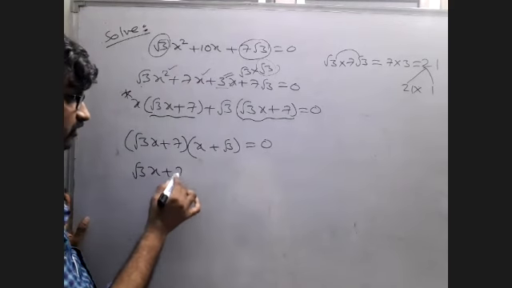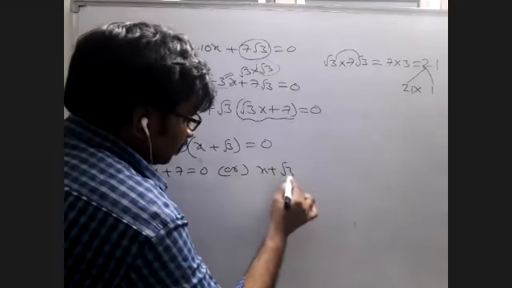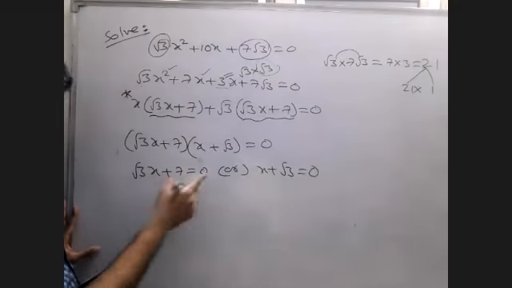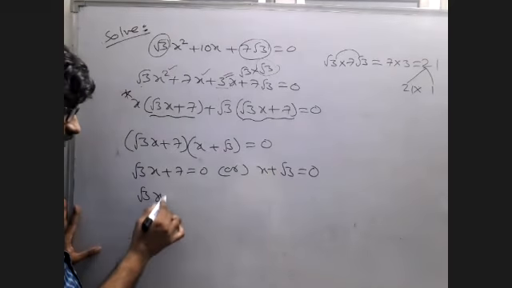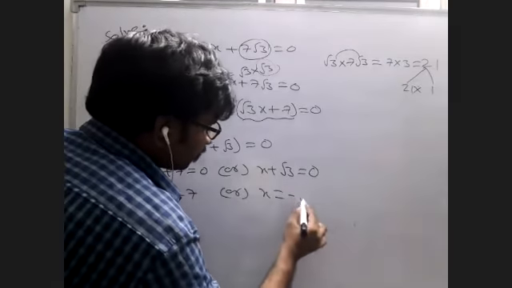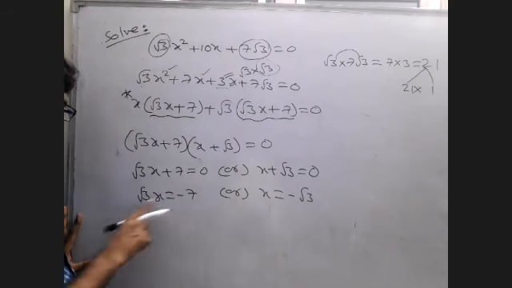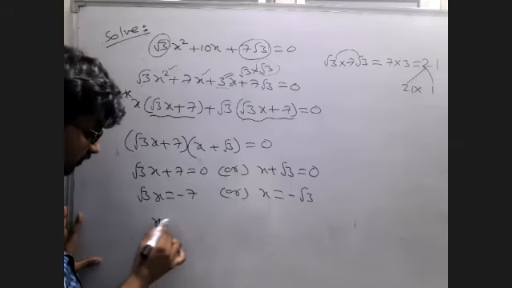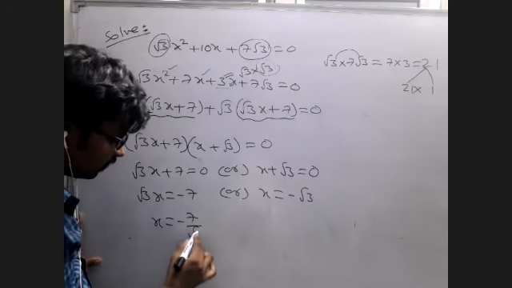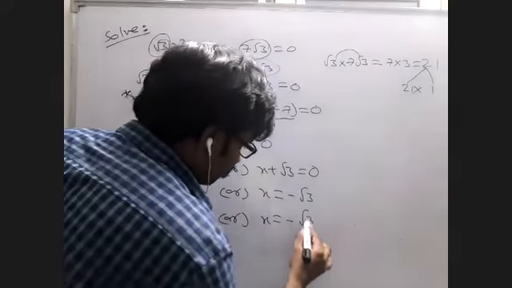Root 3x plus 7 is equal to 0 or x plus root 3 is equal to 0. Now taking 7 that side, root 3x is equal to minus 7 or x is equal to minus root 3. This is finished. And here we have to take root 3 that side, it will be divisible. Then x is equal to minus 7 by root 3 or x is equal to minus root 3.